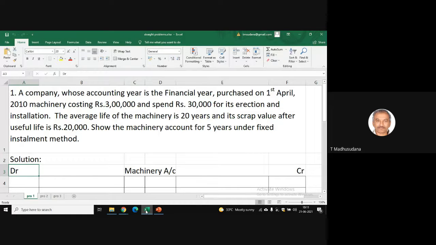And financial year means the year which starts with April 1st of this year, and ends with March 31st of next year. That is called financial year.